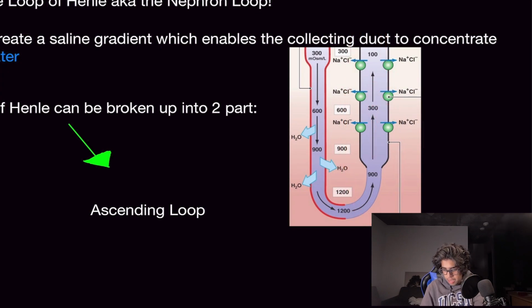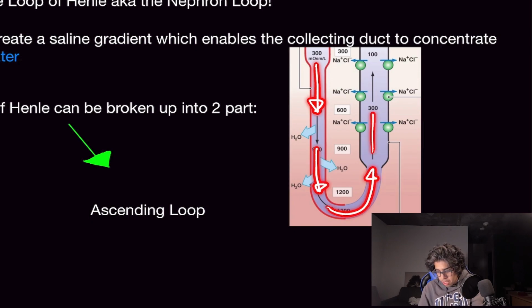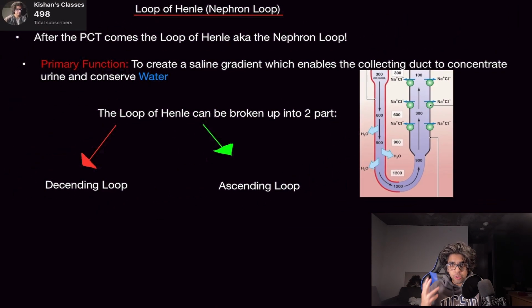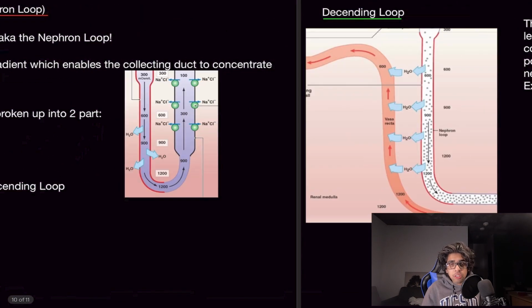The fluid goes down this way, coming from the PCT, curves around and goes up. The descending part is this, the ascending part is that part. We're going to break it down into these two things so it's easier to understand. Let's do the descending first.